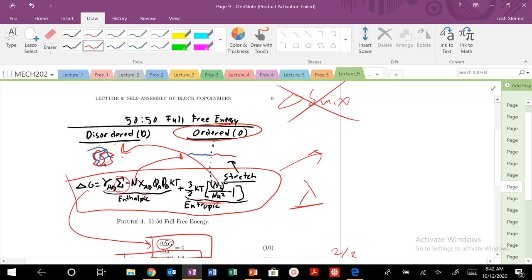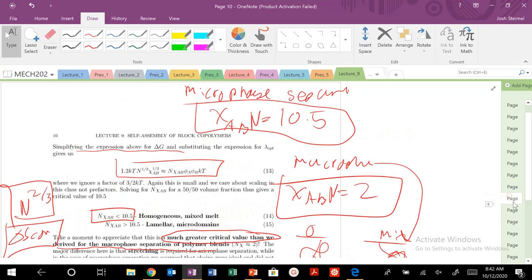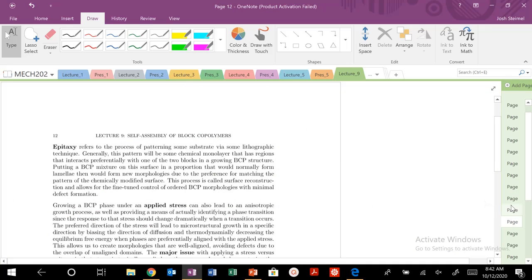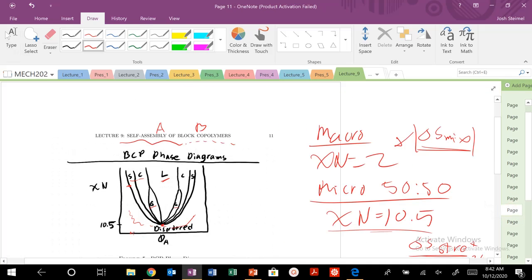So my critical chi-n is the strength of these interactions, this chi-n-AB. If my chi-AB is really, really large, they really don't want to interact with one another. Remember, this also gets multiplied by the volume fraction of A and B as well. We'll get back to that in a second. So why does my critical chi-n have to be so much larger as I shorten?